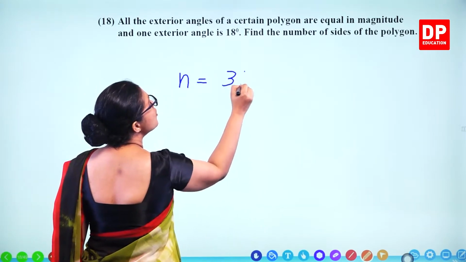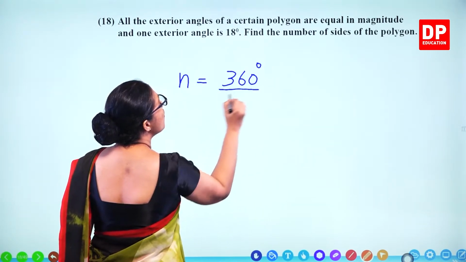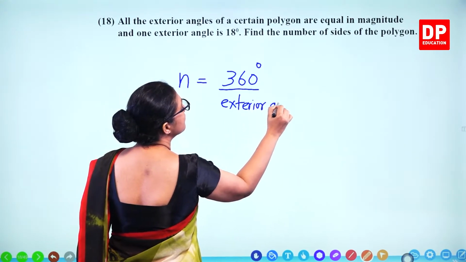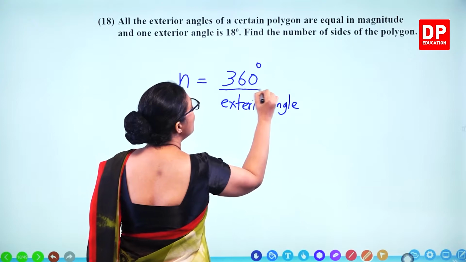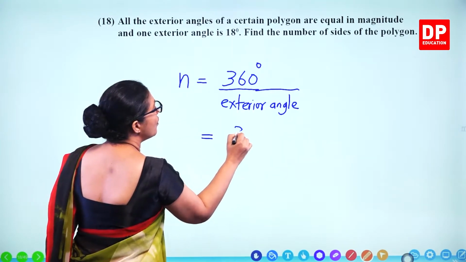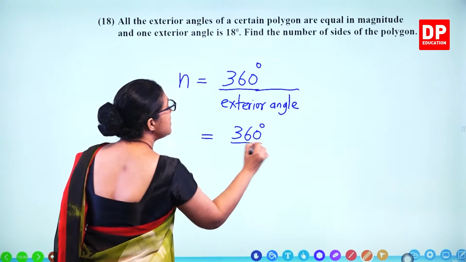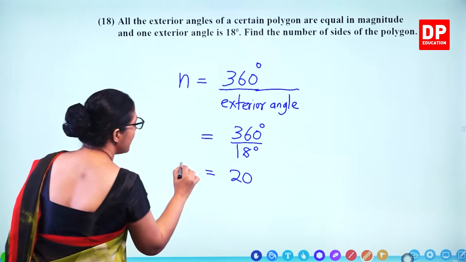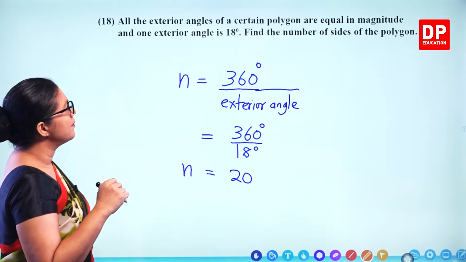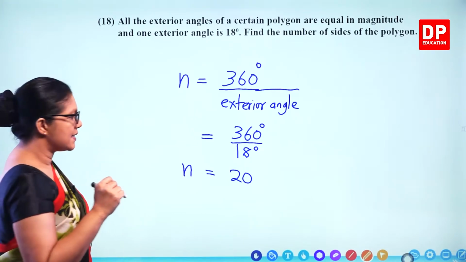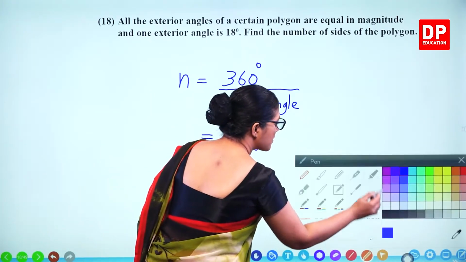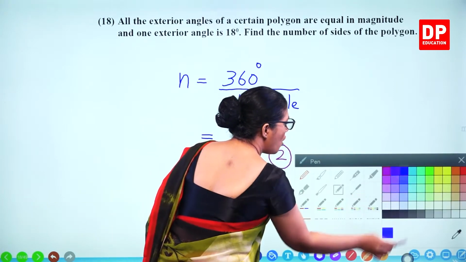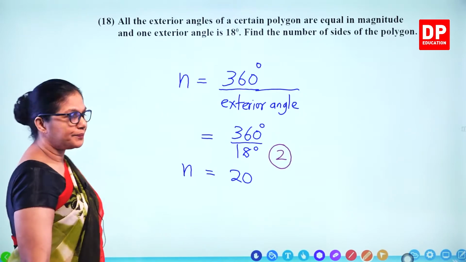So n is equal to 360 over the exterior angle. We know the exterior angle is 18 degrees, so divide by 18. So it's a 20-sided polygon. n means number of sides. So 2 marks. Remember, this is for regular polygons only.